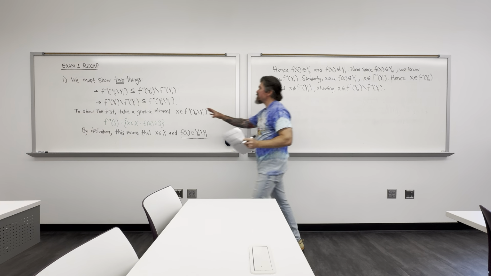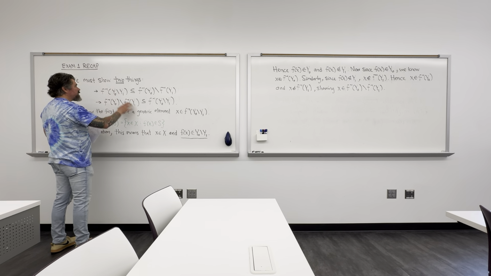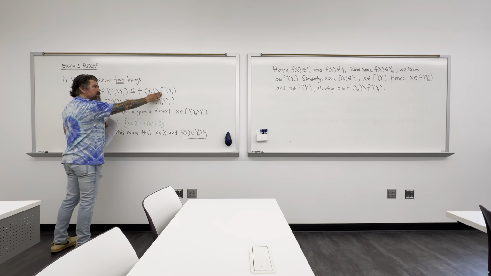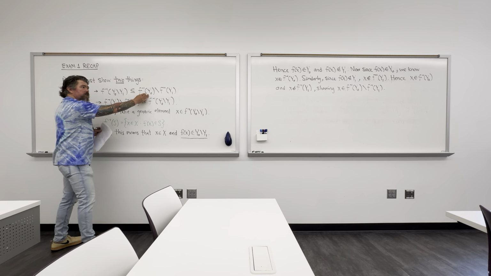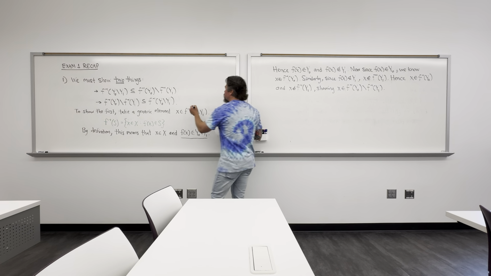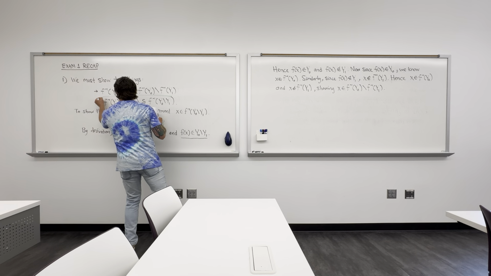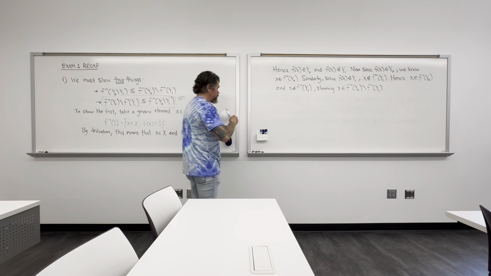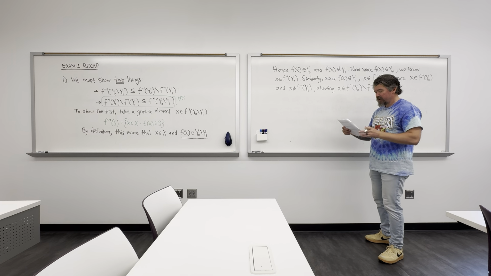So we've taken a generic element here and using definitions and set arguments, we've argued that that element is in there, showing that we have this being a subset of this. So try the reverse direction here. Okay, very similar argument, just going the other way.